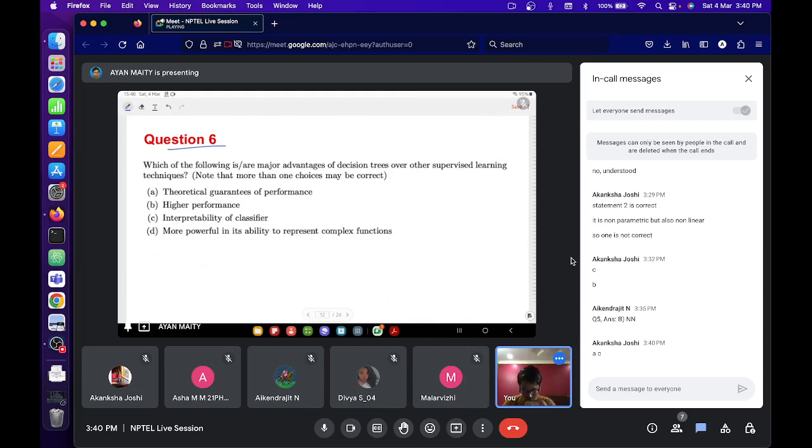Akanksha has written A and C. A is theoretical guarantee of performance, C is interpretability of classifier. Any other answers?